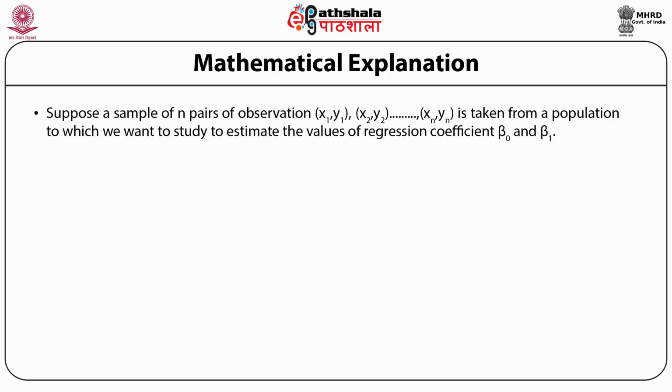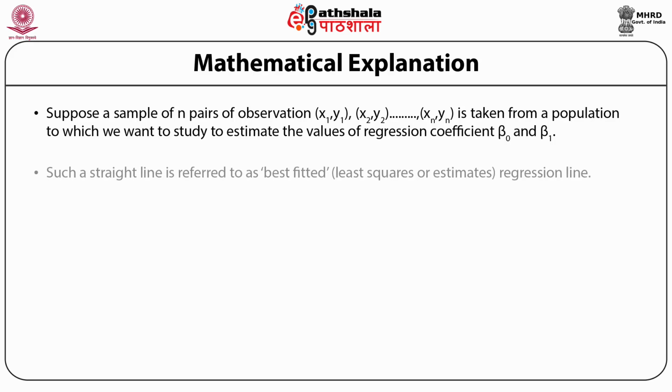The estimated values of beta naught and beta 1 should result in a straight line where most pairs of observations fall very close to it. Such a straight line is referred to as the best fit, which is also known as the least squares estimated regression line.